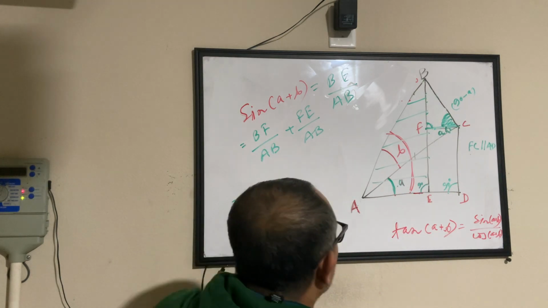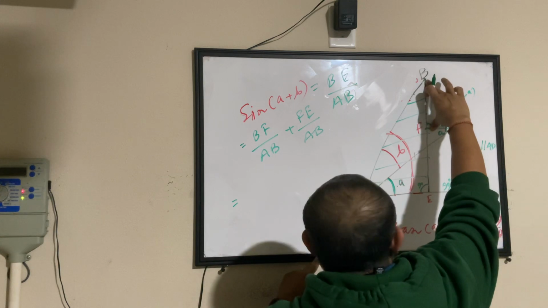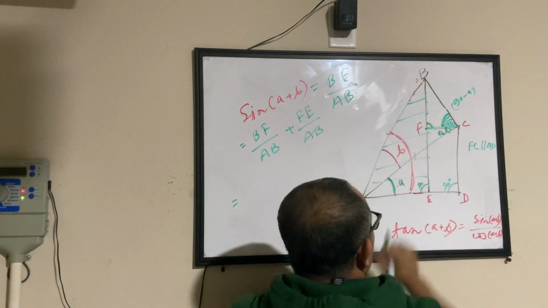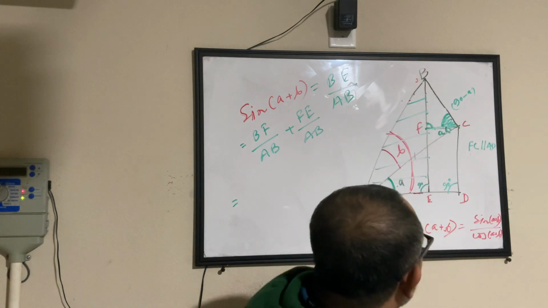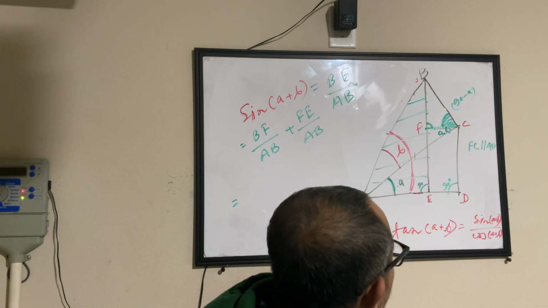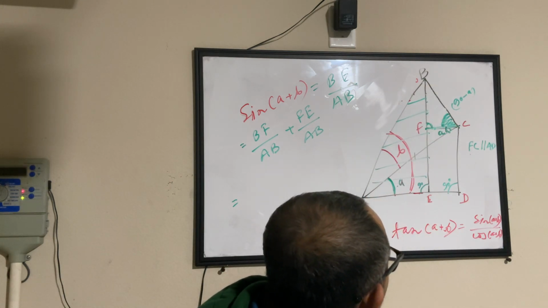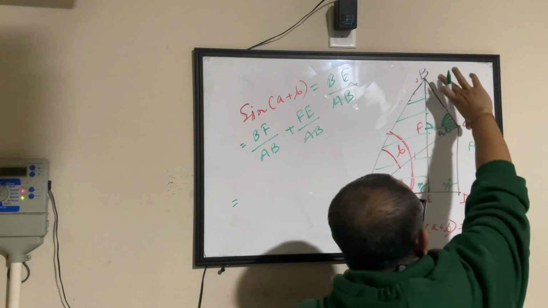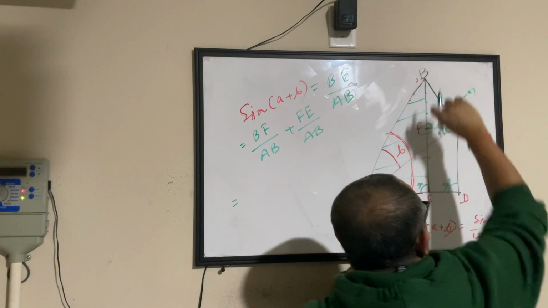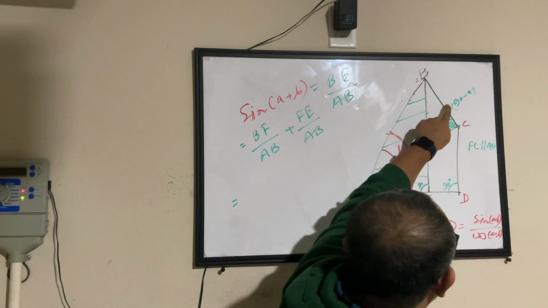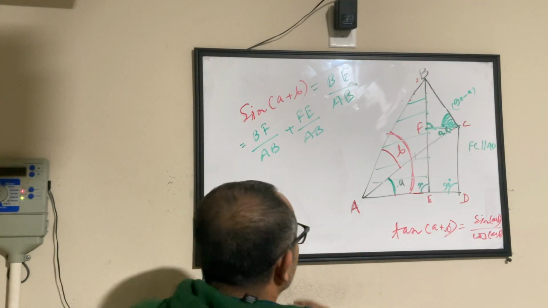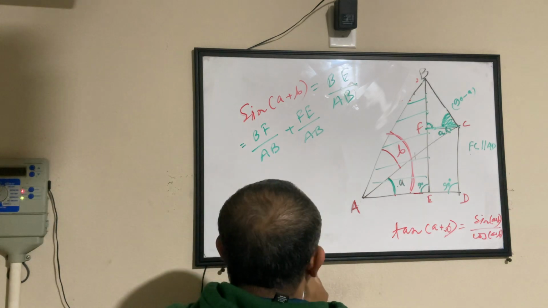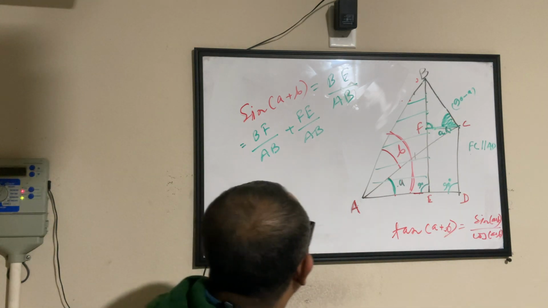Now if I say BF by AB, we know with respect to this angle, but it probably isn't helping much. What would help is if I somehow get this part, BC, then I can relate this BC and this one as per SOHCAHTOA.